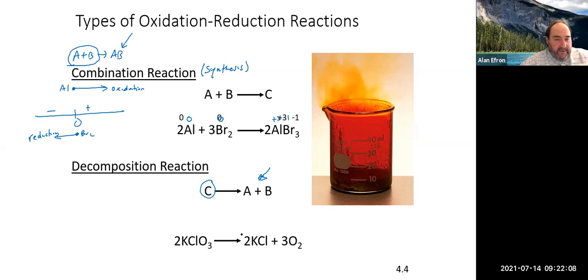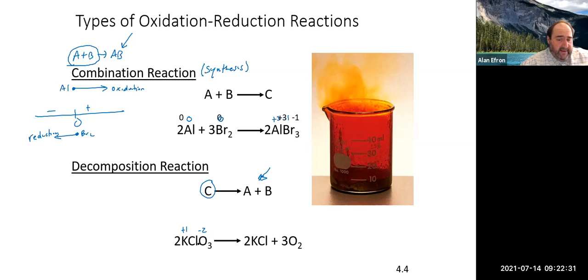And again, it should hopefully be no surprise to you at this point, it is also a redox reaction. So if we do some assigning of oxidation numbers, oxygen is -2. Going to the other side is +1 for potassium. There are 3 oxygens, which is -6, and potassium is +1.